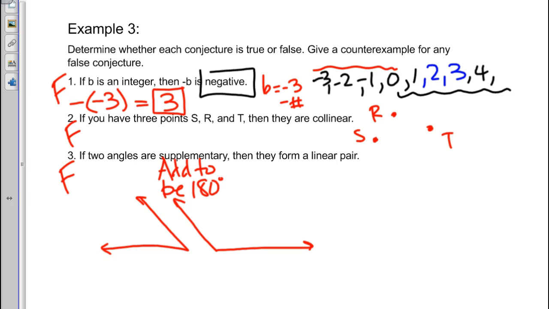If you smush those two together, they would form a linear pair. But they do not form a linear pair here because they don't share a vertex and they don't share a side. So I'm going to say this angle measure is 30 and this is 150. They are supplementary. The sum of those two will add to be 180 degrees, but they are not a linear pair.